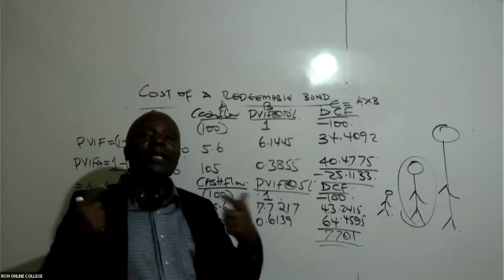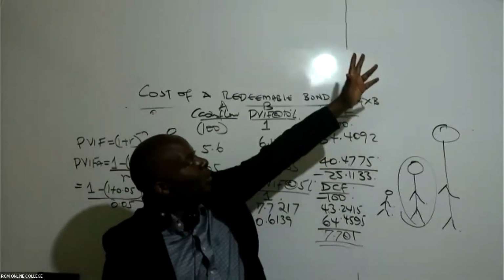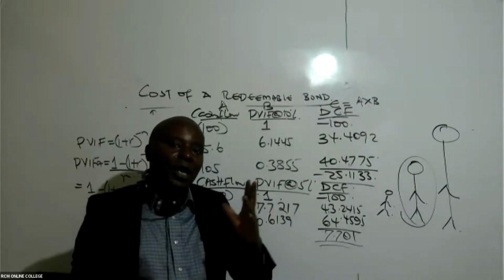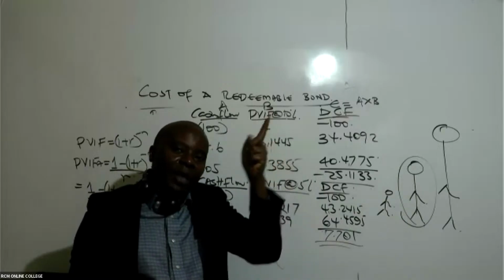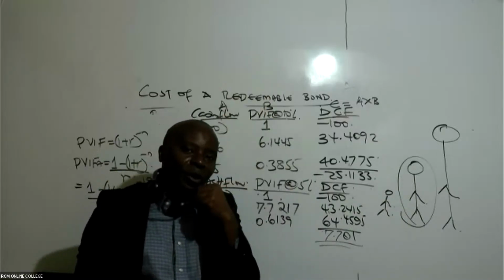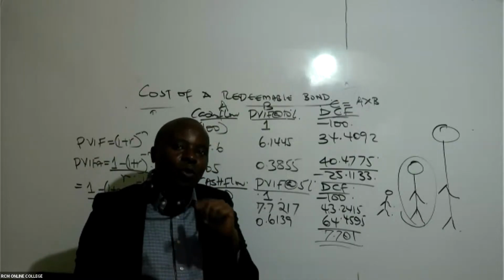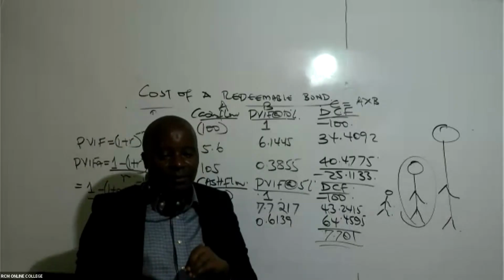So if in my next game I want to win, do I fight a bigger person? Can I go to a bigger cost of capital if I want to win? No. The next match, if I want to win, I can only fight somebody who is smaller.